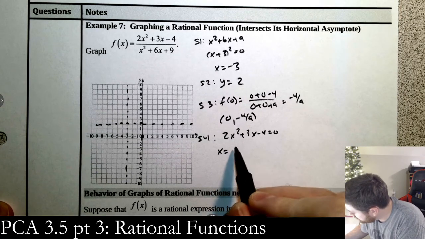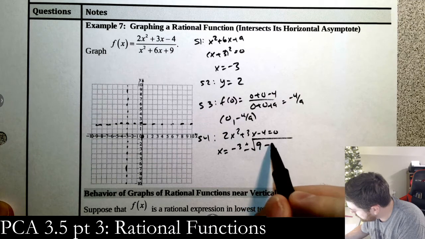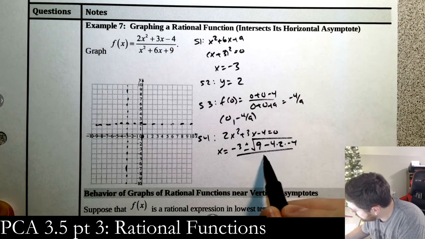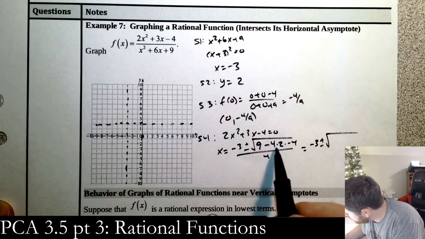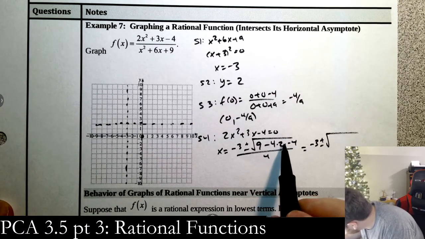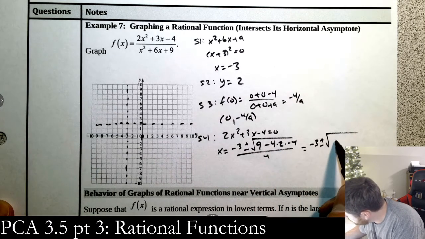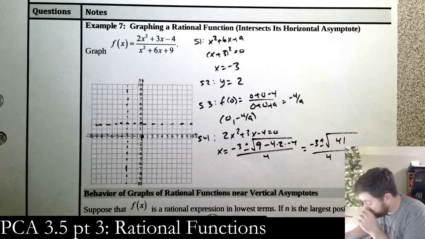So x equals negative b plus or minus the square root of b squared, 9, minus 4 times 2 times negative 4, all over 4. So negative 3 plus or minus the square root of 9, and then what is this? 16 times 2 is 32. So 9 plus 32 is 41, all over 4. Okay, that's a really nasty number.